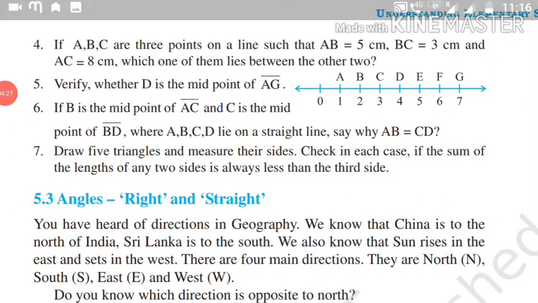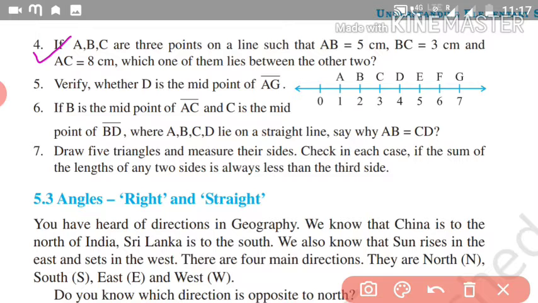If A, B, C are 3 points on a line such that AB equals 5 centimeter, BC equals 3 centimeter and AC equals 8 centimeter. Okay, these are the 3 points. Which one of them lies between the other two? So first draw AB equal to how much? 5 centimeter.